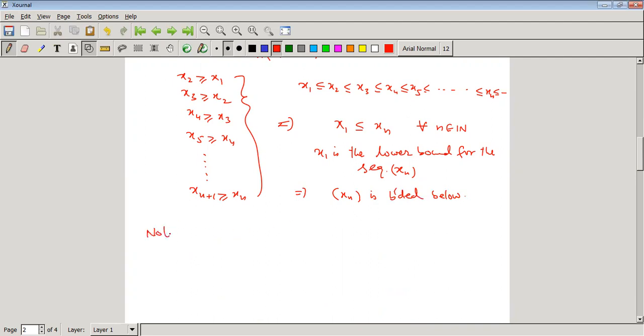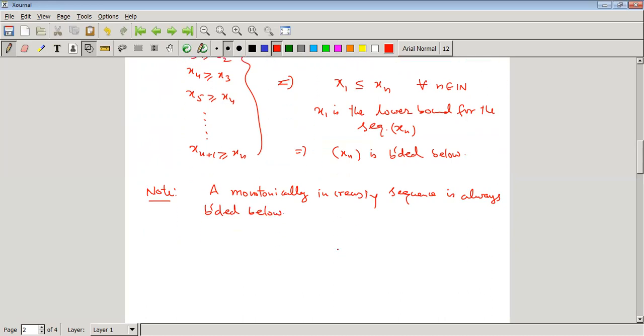So now we write a note: a monotonically increasing sequence is always bounded below.